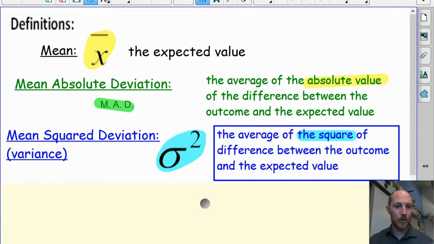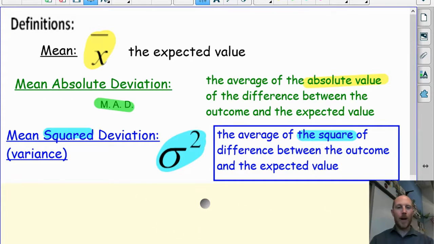So the next one up here is mean squared deviation, which is commonly referred to as the variance. Its symbol is the lowercase Greek letter sigma squared, because we are going to square. It's exactly the same thing as the mean absolute deviation, with this one difference.